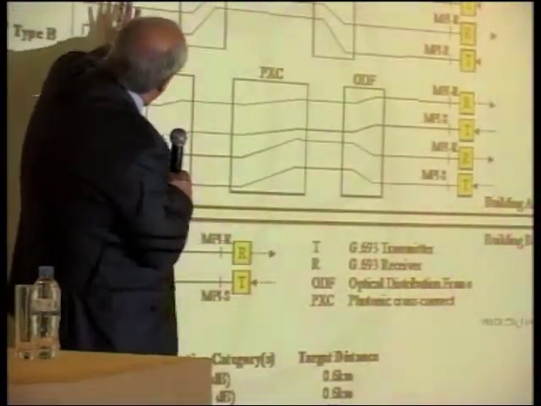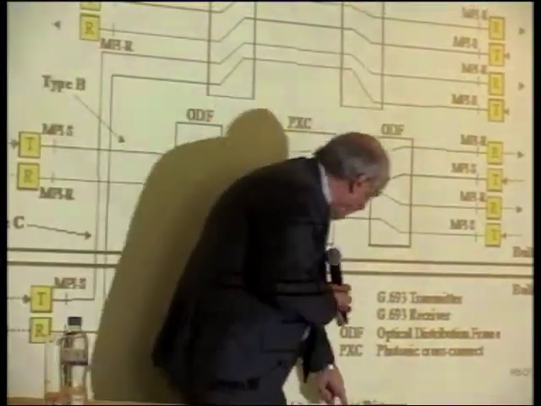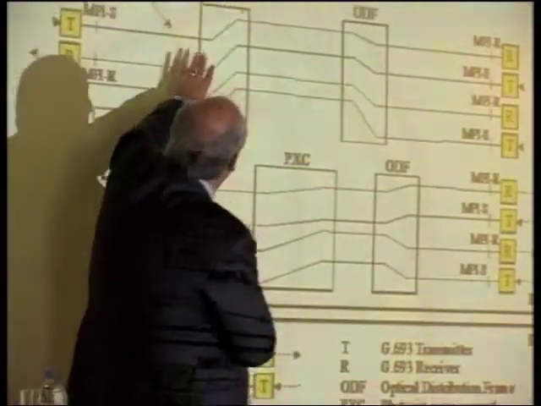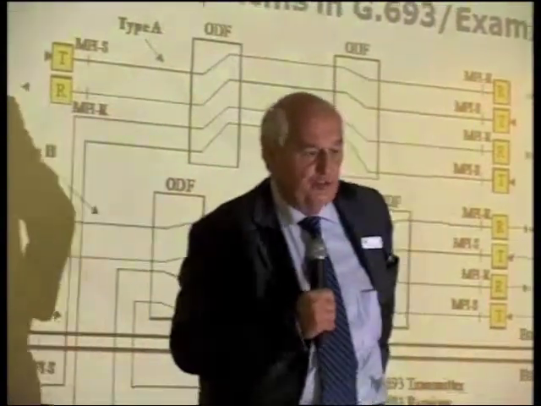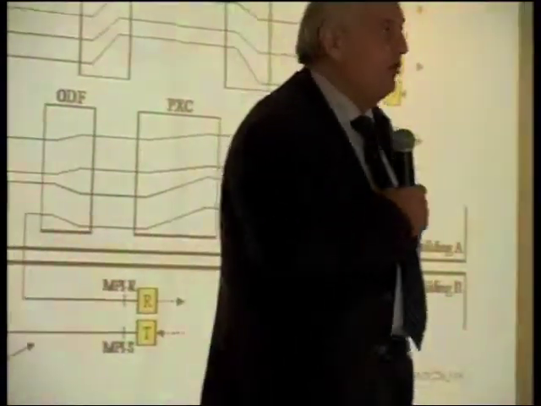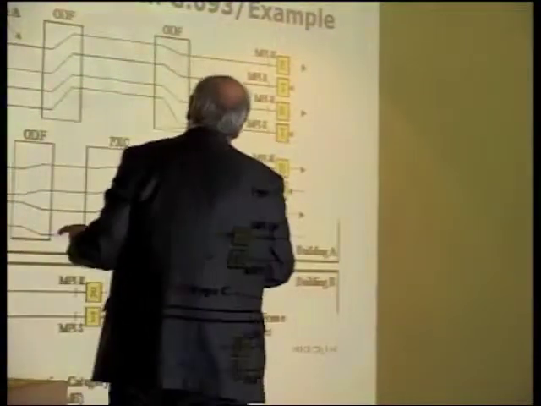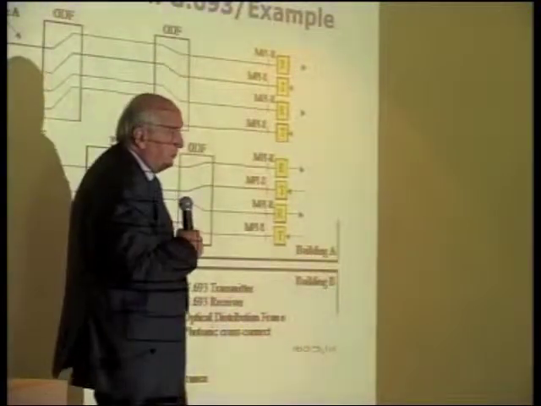Since this is a few hundred meters, the 4 dB is given by the transit through the optical distribution frame, which means connectors and pieces of fiber, and is not very influenced by the length of the fiber between the distribution frames.